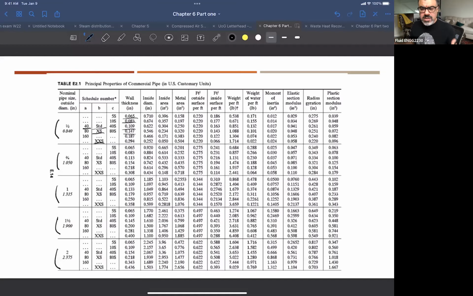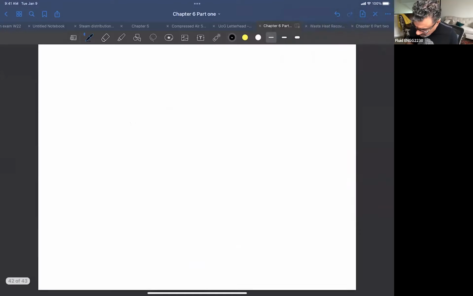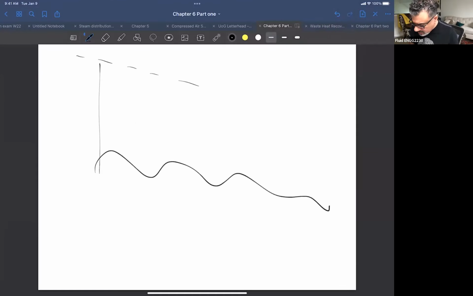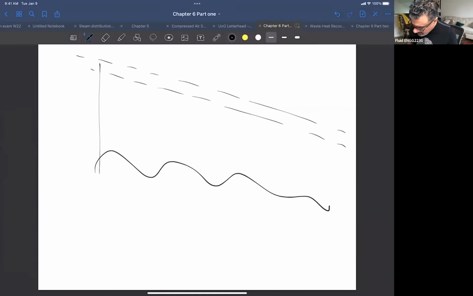Okay, you remember the hydraulic gradient line? When we put the hydraulic gradient line for piping, if you remember, we said if we have a pipe like this, and then we put the hydraulic gradient line, this is the energy line, and this is the hydraulic gradient line. In this case, this is A, this is B, and this is a datum here, right?